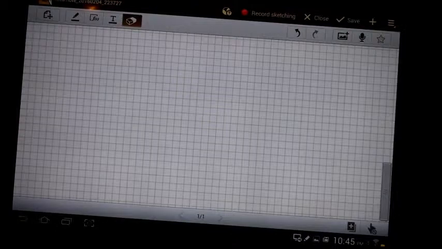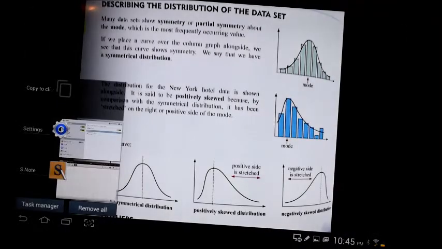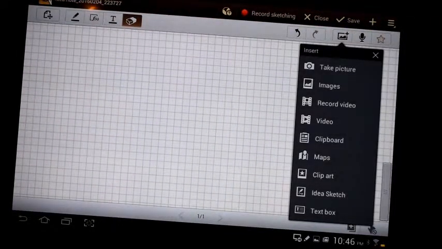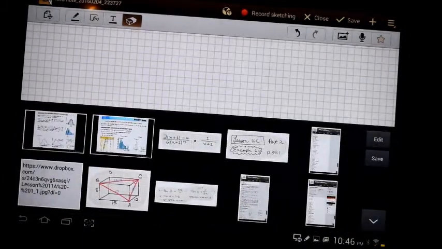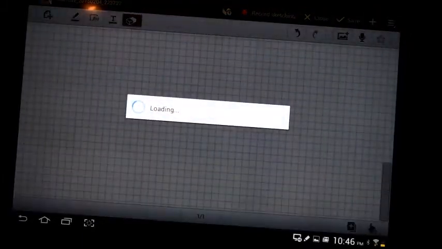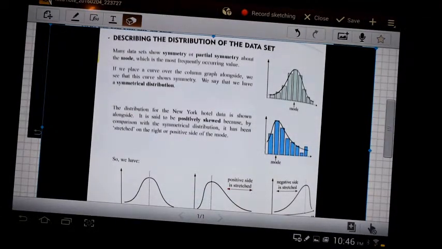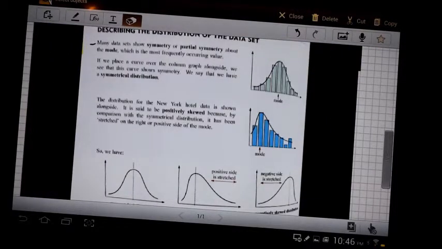Okay, I might try to piece these videos together. That's a lot to piece together. This one. Okay, let's talk about the distribution of a data set. The picture didn't turn out great, but anyway.